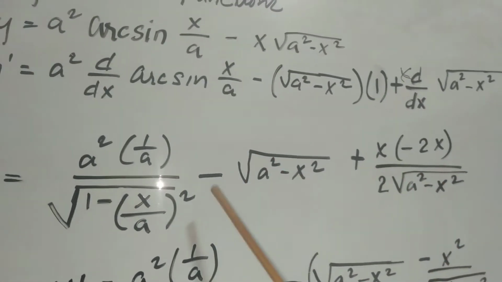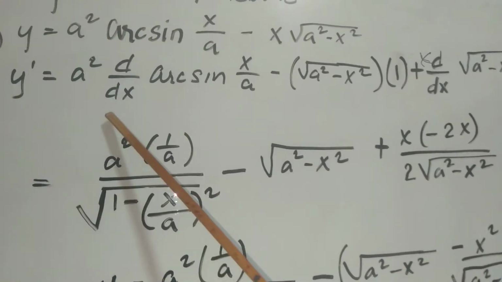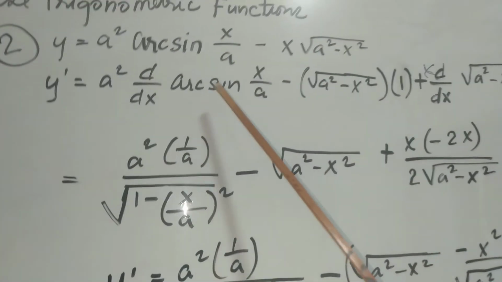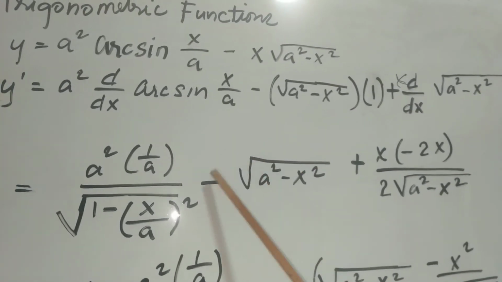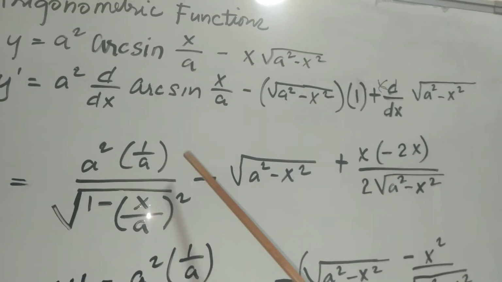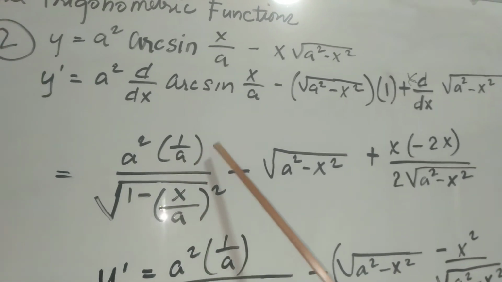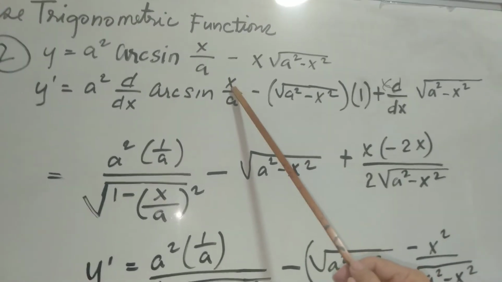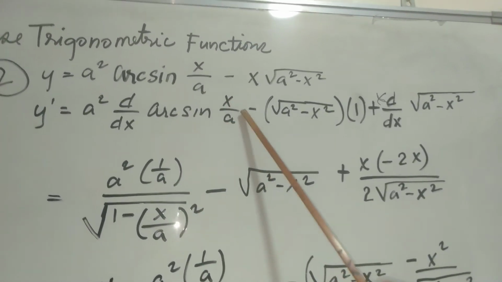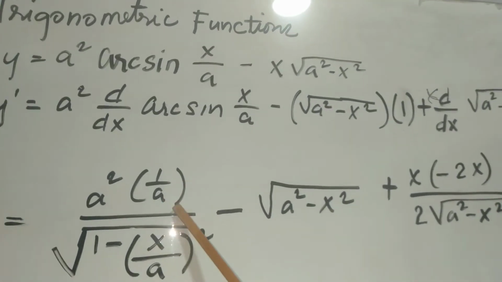We continue this one. This one is a squared times the derivative of arcsin x over a, as we have said lately, and 1 over a is the derivative of x over a.